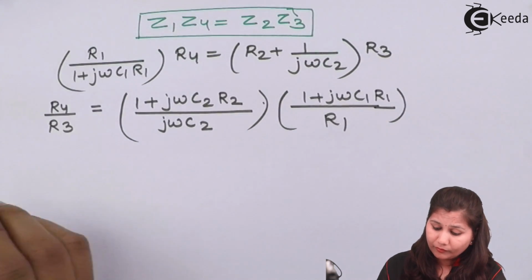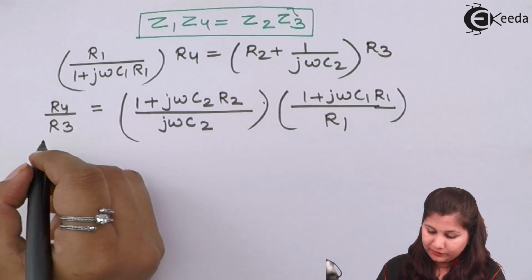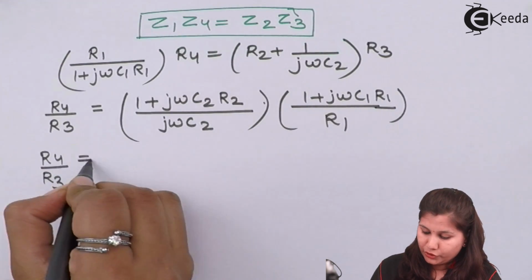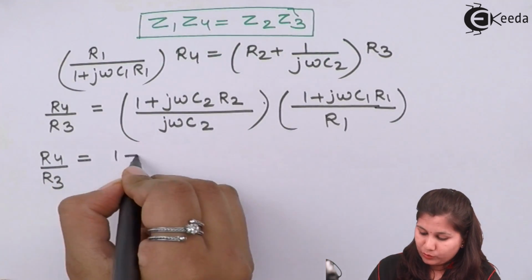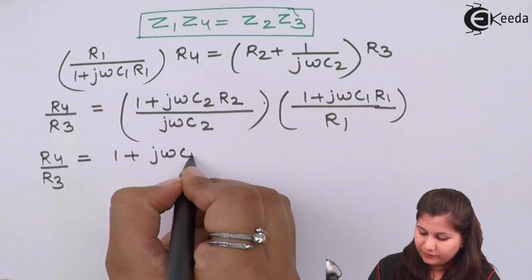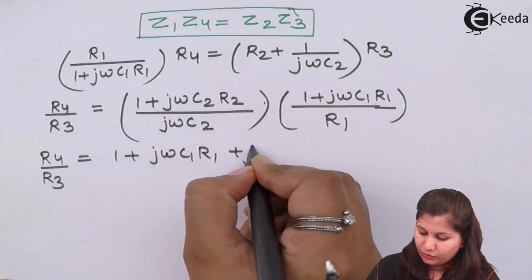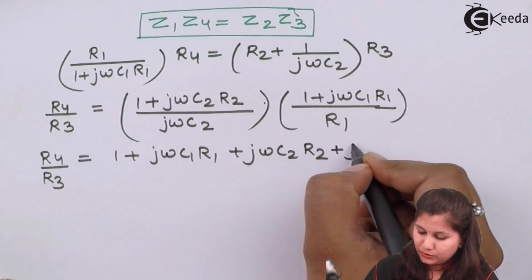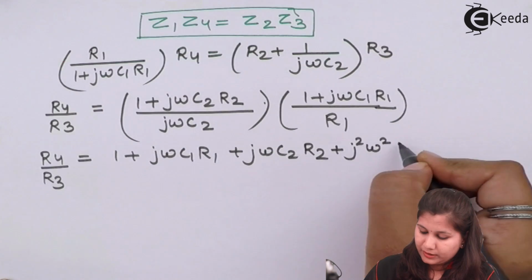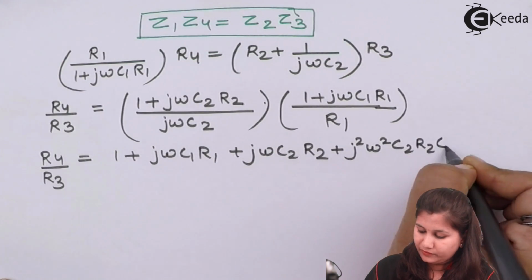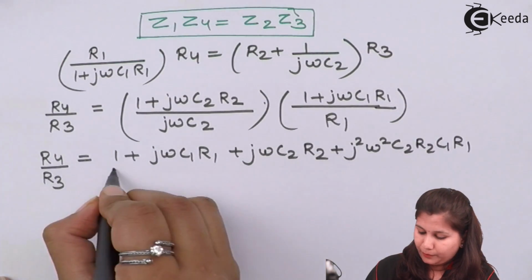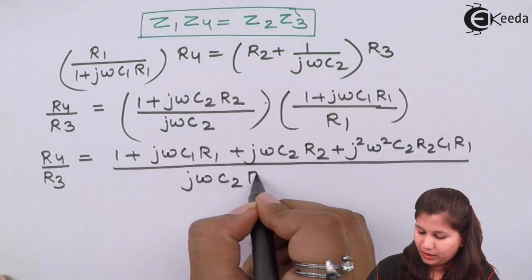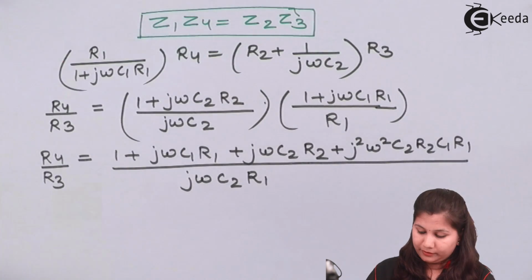Again multiplying this, we will get R4 upon R3 is equal to 1 plus j omega C1 R1 plus j omega C2 R2 plus j square omega square C2 R2 C1 R1 upon j omega C2 R1.